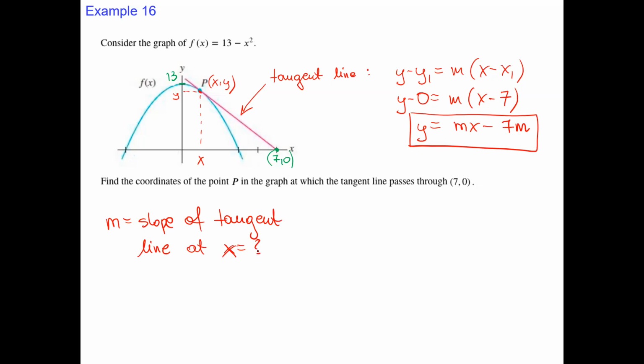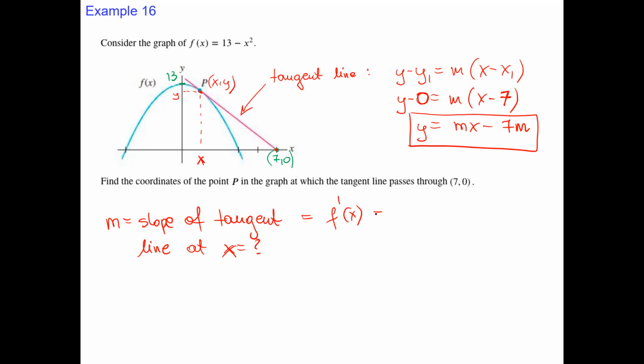We know that the slope is defined as a derivative, right? This is the derivative because the slope of the tangent line is the derivative. The only thing is, it's the derivative at that x, not the derivative at that 7. But we still have to use the derivative.